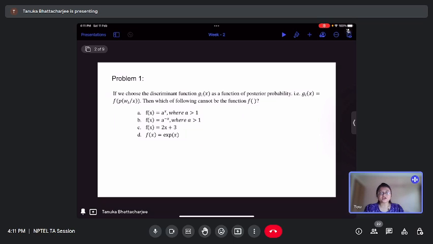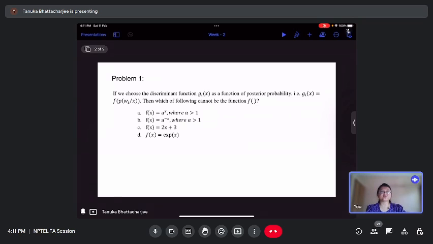Now, when we use the Bayes minimum error criterion, we can just take this posterior probability, and whichever class has the highest posterior probability, we can assign the test sample to that particular class. So, taking this posterior probability itself, you can take that as the discriminant function.